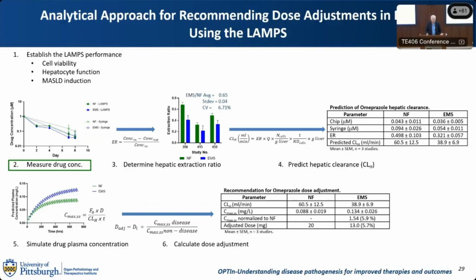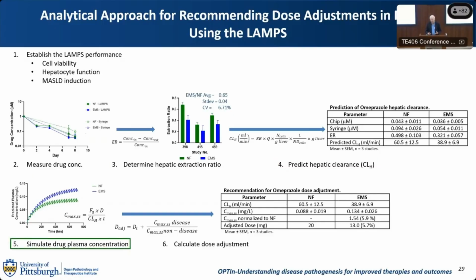Typically, we run this out to 8 to 10 days. And then once we measure the drug concentration, both what's going into the model and what's coming out of the model, we can determine the hepatic extraction ratio, i.e. how much is being metabolized, how much is being lost due to metabolism by the hepatocytes. With that information, we can then predict the hepatic clearance, both in the disease state as well as in the non-disease state.